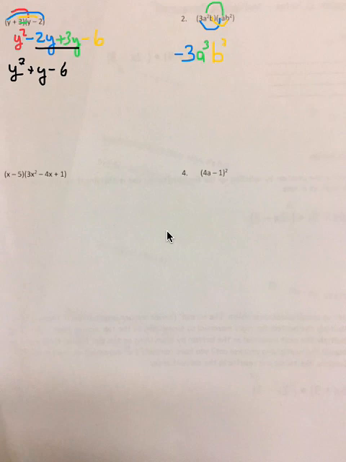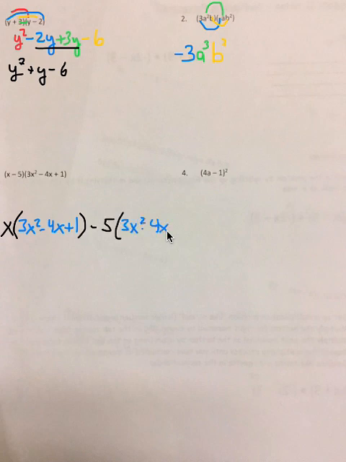So we will do distribution, and we'll start out with x times, and inside will be 3x squared minus 4x plus 1. And then we'll have minus 5 times the same thing, 3x squared minus 4x plus 1.